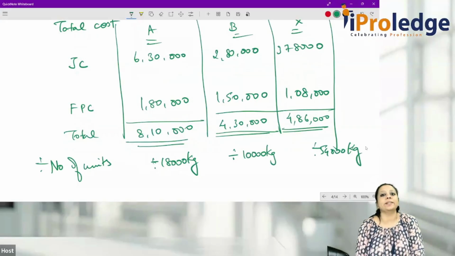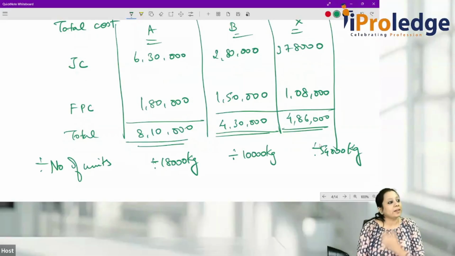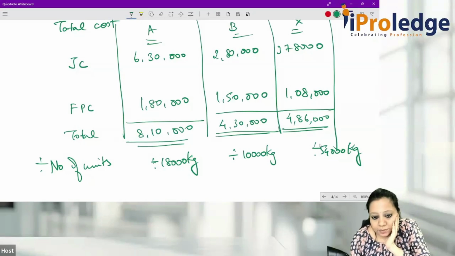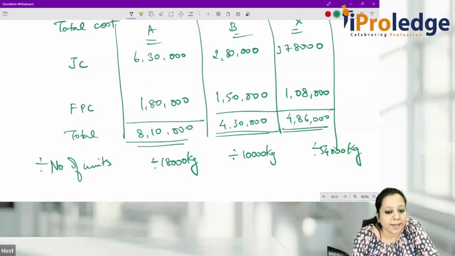Please don't take sales units here. The cost is incurred for all products, including closing stock. No, 3 plus 8 is 11. 8 lakh 10,000.